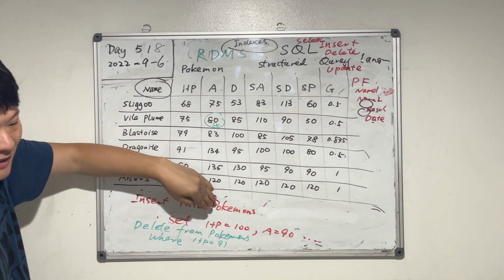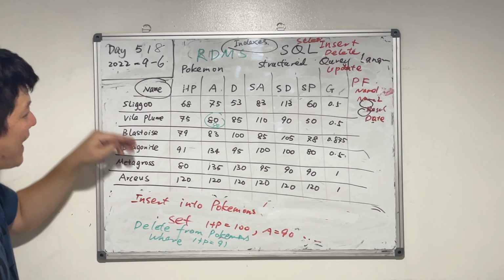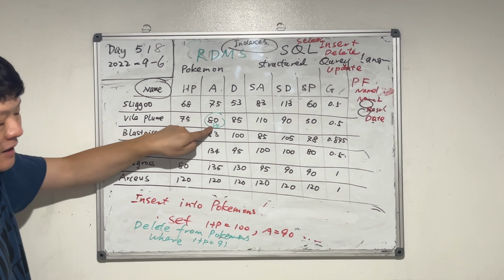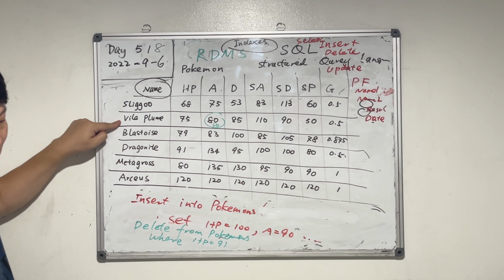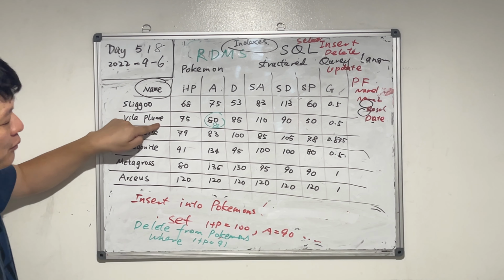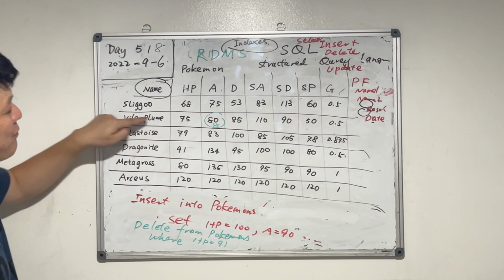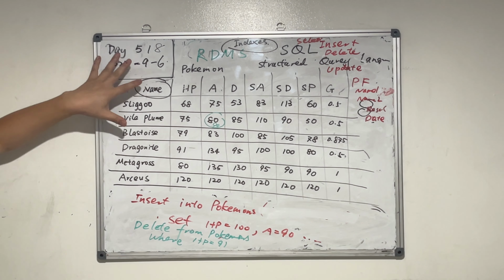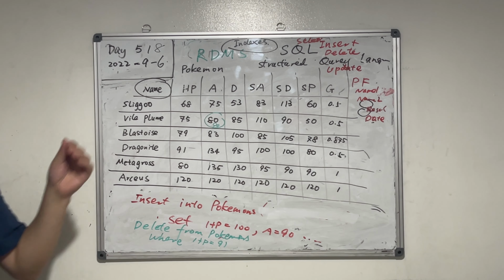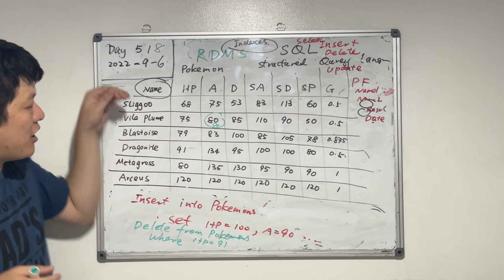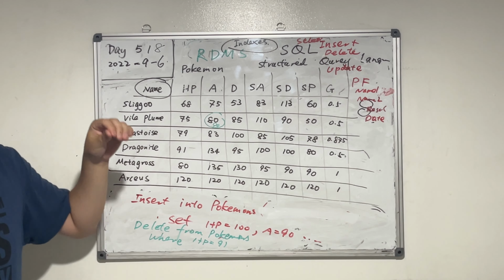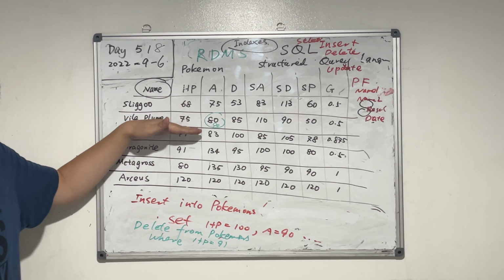I don't want to do that. So update Pokemon set A equals 90, where name equals Vileplume, right? So look at this name. This name is a primary key. A primary key in a database is a special column which uniquely identifies a record.